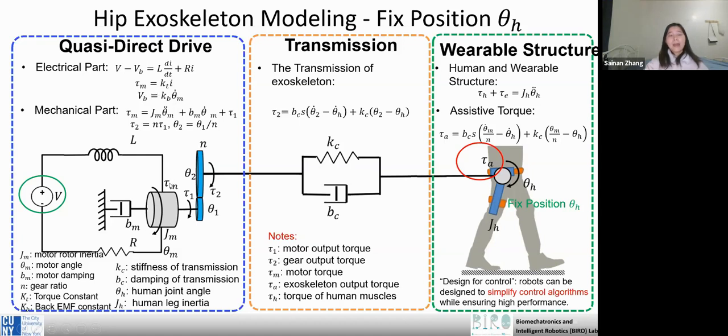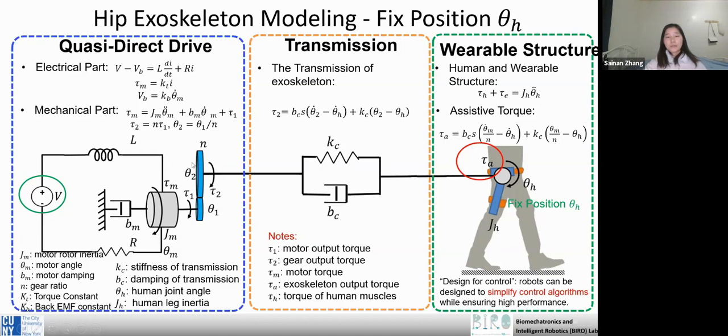And the tau m, since the motor has a relationship with the current, tau equals KT times i. KT is the motor constant. And for the mechanical part, tau m equals Jm times the second time derivative of theta, plus Bm times the time derivative of theta, plus tau 1, the motor output torque.